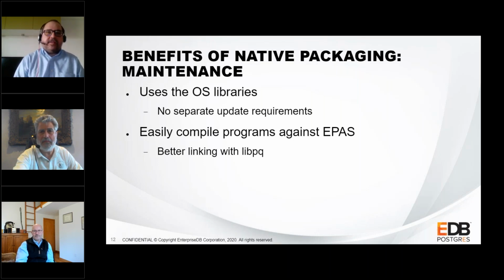If there's an OpenSSL security issue and the distribution is still supported, the operating system vendor is already rolling out the updates for you. So you don't have to update your Postgres installation, for example, just to update an OpenSSL dependency. So you don't need a separate update requirement for each library.